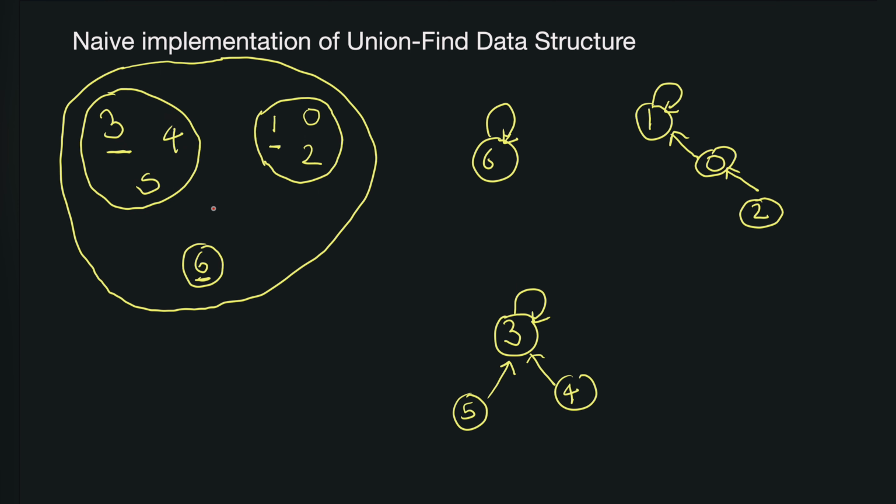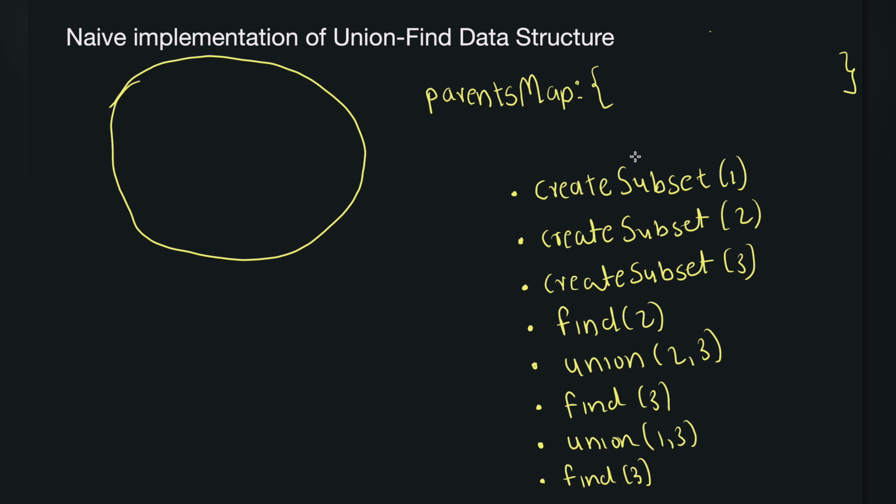For example, in this subset, 3 will be the parent, with other values being the children node having pointers to 3 and 3 having a self pointer, noting that 3 is the overall parent of this subset. Relationship between root and children of a tree of subset can be represented programmatically using a map or dictionary.